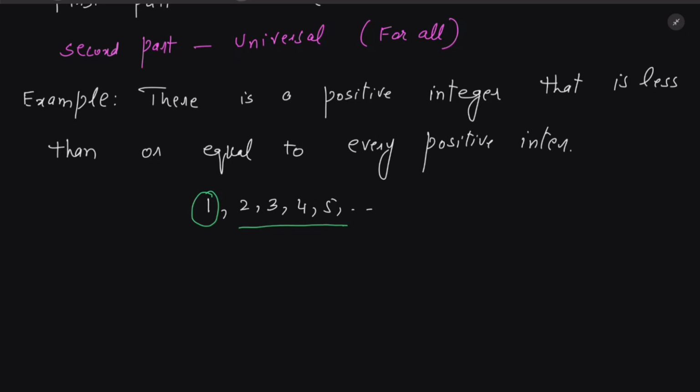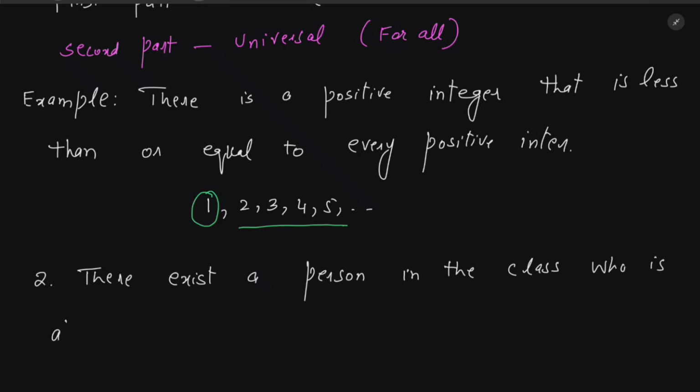Now, for example, the second example: there exists a person. It means that there is some person, not all the persons, there is some person in the class who is at least as old as every person in the class.